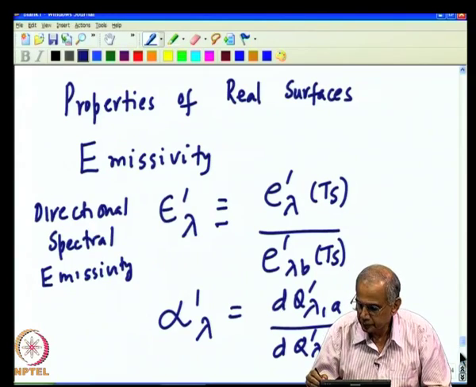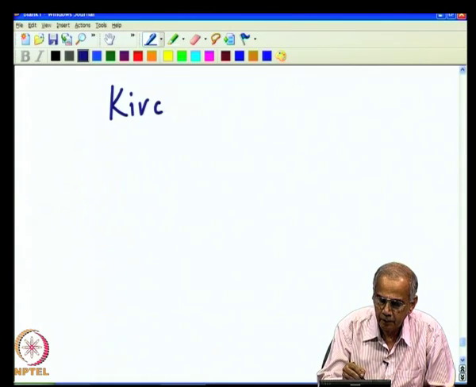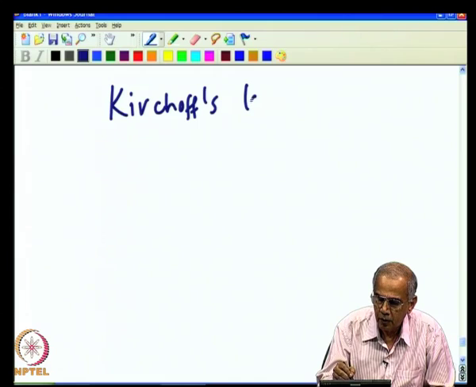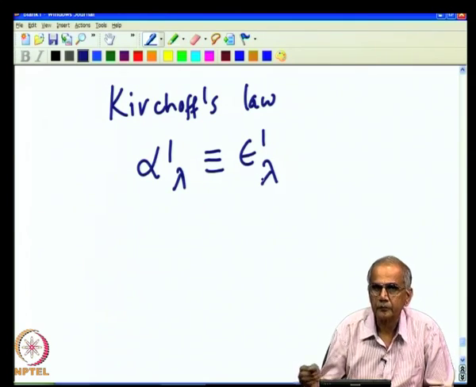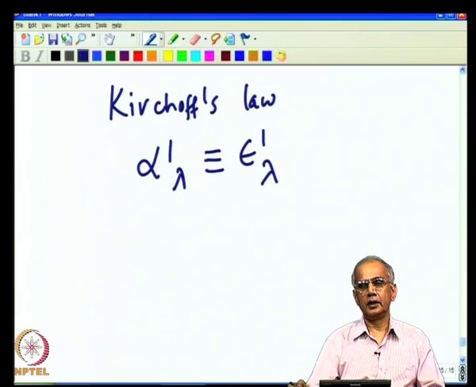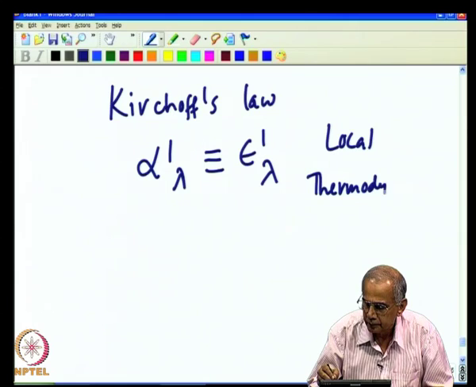So, Kirchhoff proposed that under most conditions these two quantities are equal. The only requirement that he imposed on the equality of directional spectral absorptivity and directional spectral emissivity is that the object must be in local thermodynamic equilibrium.